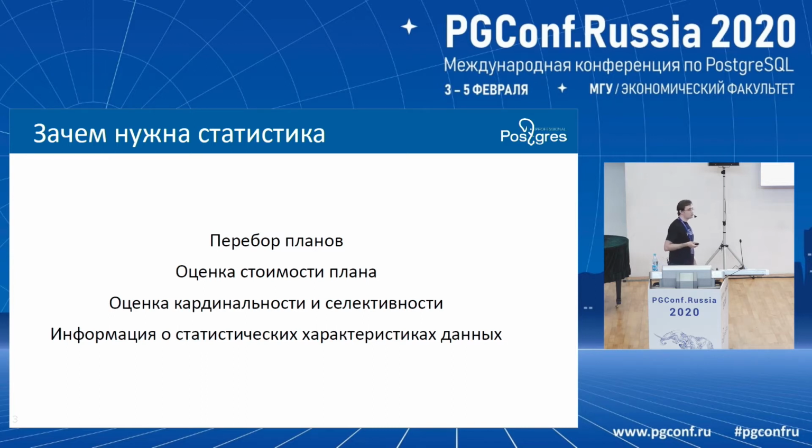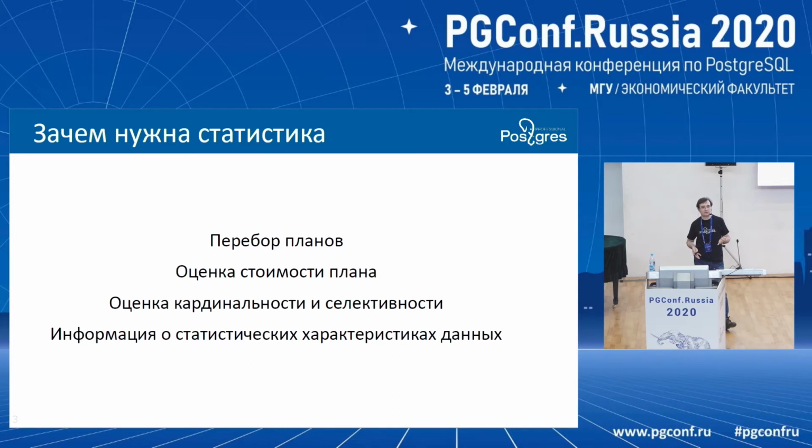So they usually go together. What do we need to evaluate the selectivity? We need statistical information about the data which we work with: at least the number of rows in the table, the distribution of data among the columns, etc. So this whole pyramid is based on the statistics.